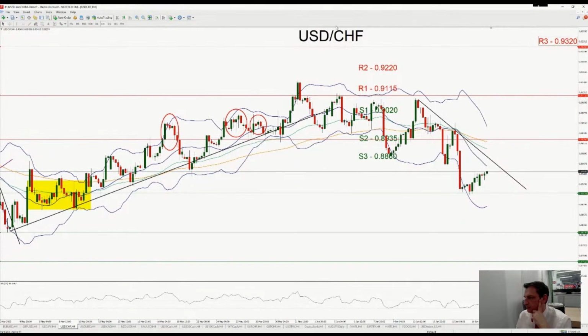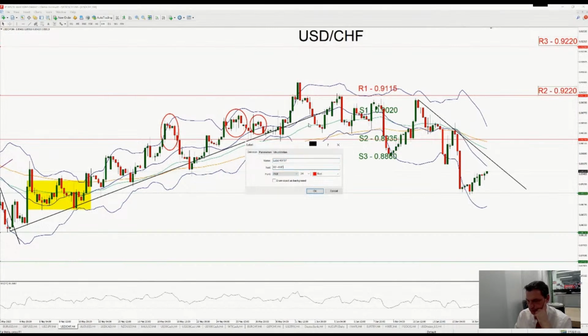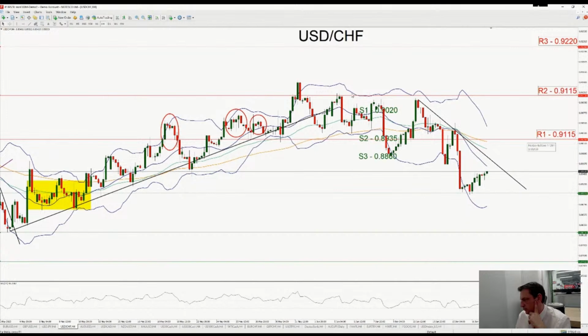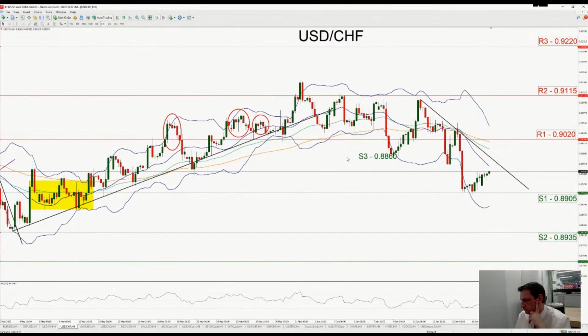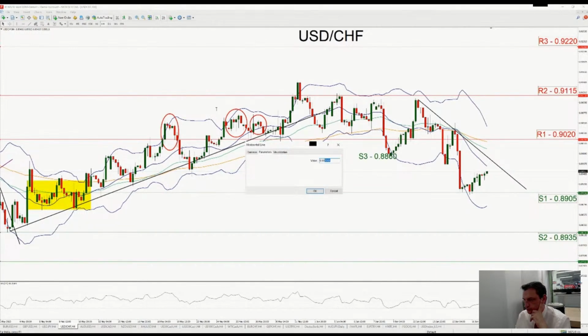0.9220. The R2 at 0.9115. The R1 at 0.9020. 0.8905, first support line. 0.8820.